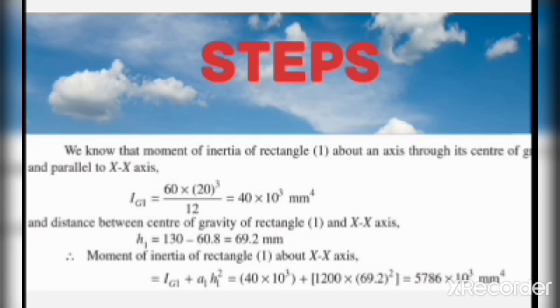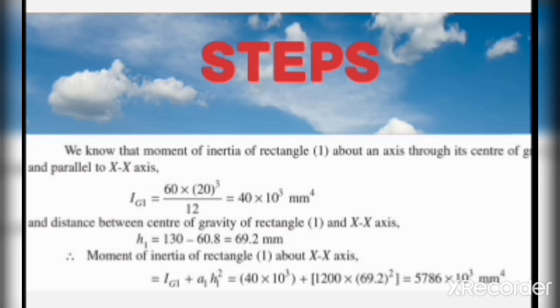That is, I_XX equals I_g1 plus area into h1 square. We multiply the area by the square of the distance between the centroid of the particular section and the centroid of the whole figure.